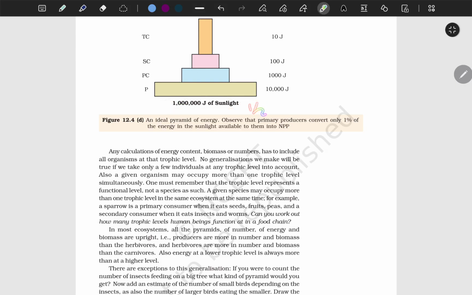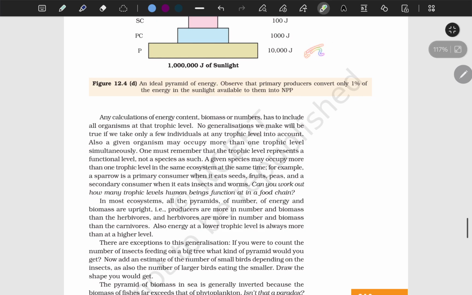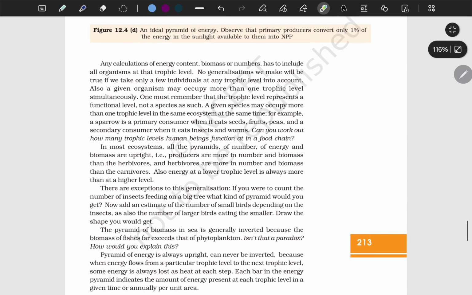Only 1% of it is converted into NPP and used by the producers, so 10,000 joules was used. Now using Blackman's law, only 10% is passed on to the next trophic level, so only 1000 joules is passed. Similarly, the next 10%, only 100 joules, is passed. Next 10%, 10 joules is passed at the tertiary consumer level. So energy keeps on decreasing at the subsequent trophic levels.